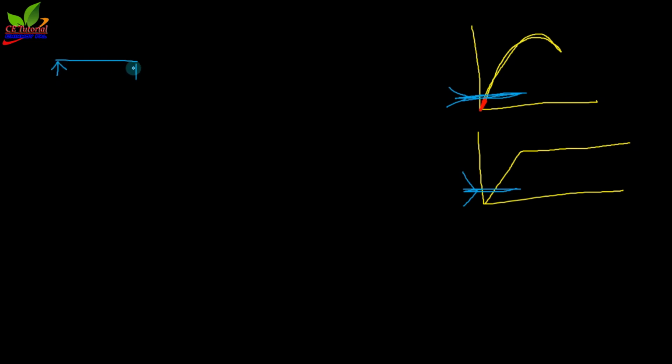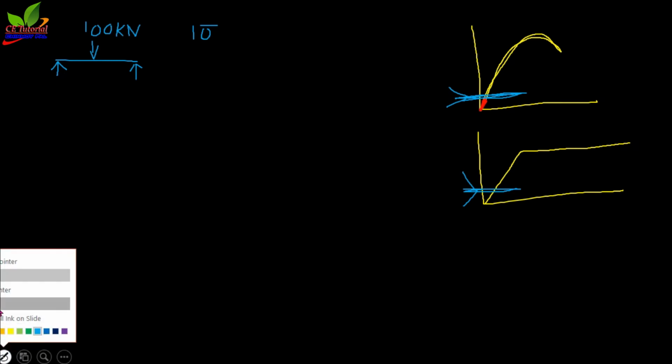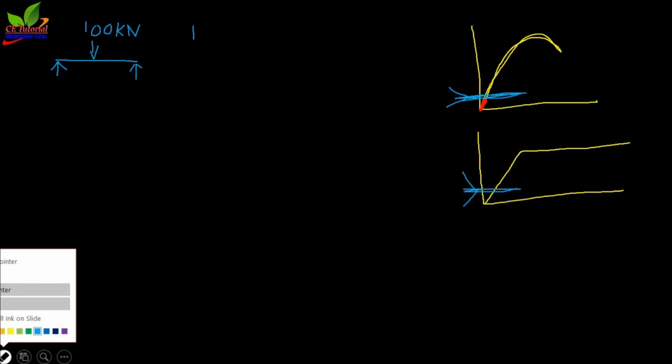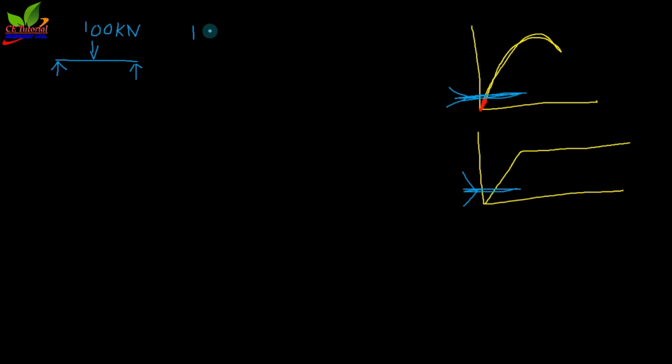Suppose we are assuming that 100 kilonewton load will come. Now you tell me, if the load exceeds 100 kilonewton and becomes say 120, 130 or 150, then what will happen?